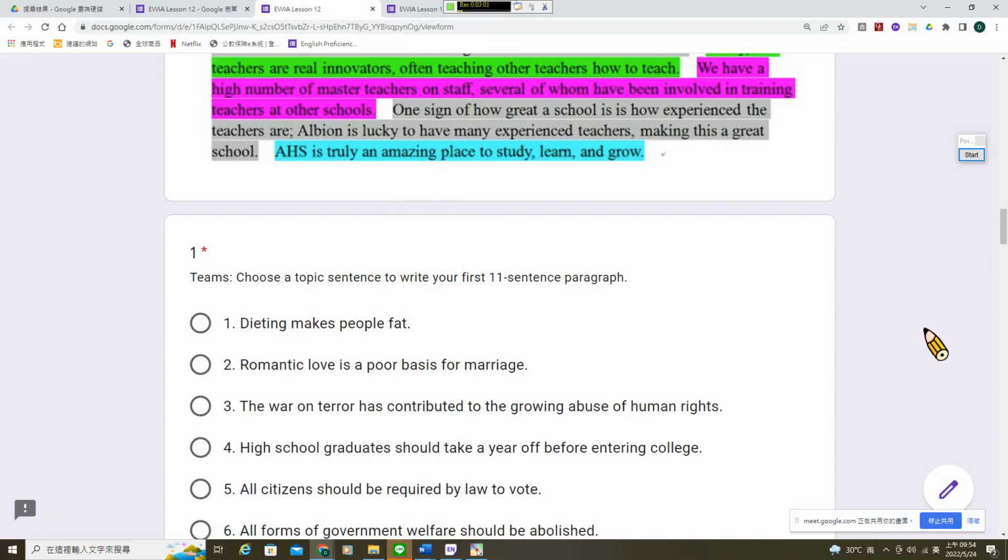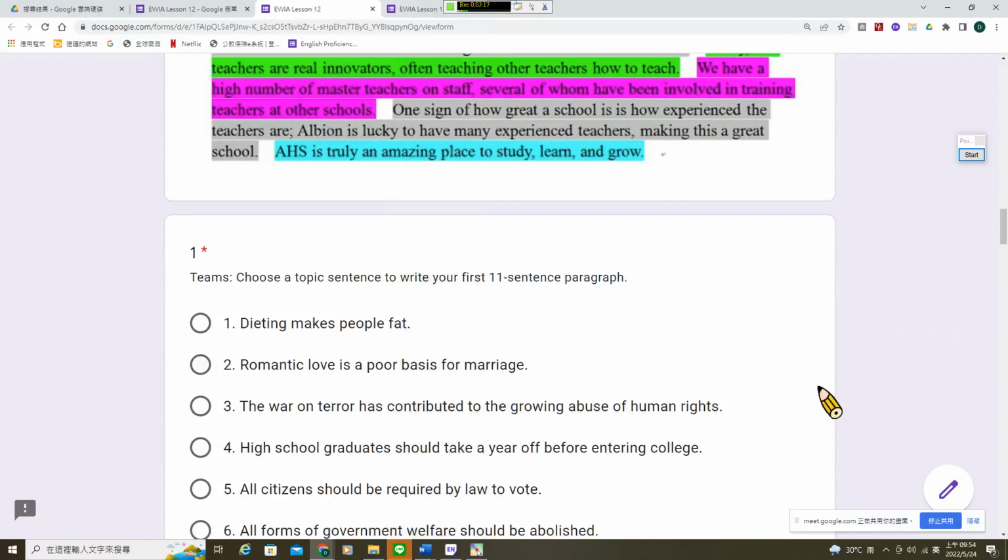So starting from now, you are going to have 56 minutes of time to work on your first 11-sentence paragraph. Okay, so team leaders, get together your members in your own group to discuss.